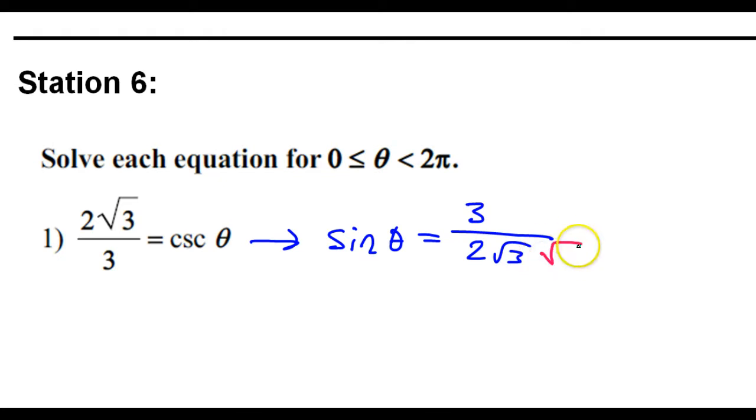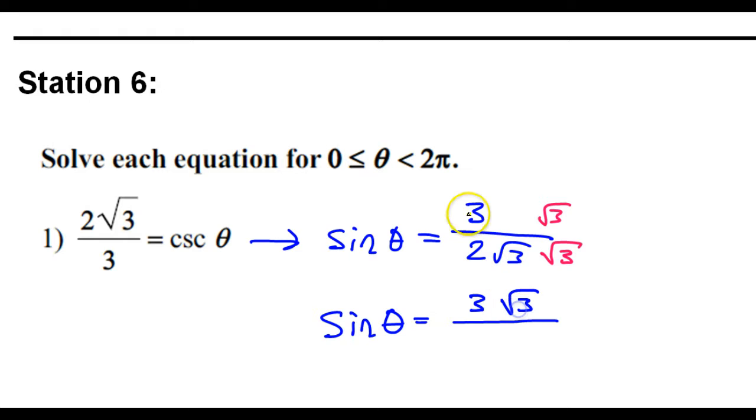I can do that by multiplying in the numerator and the denominator by radical 3. Now if I do that, in the numerator I've got 3 radical 3. Okay, now I've got my 2. I'm just going to bring that down. Now radical 3 times radical 3 is just 3, just like any radical. Radical 7 times radical 7 is 7.